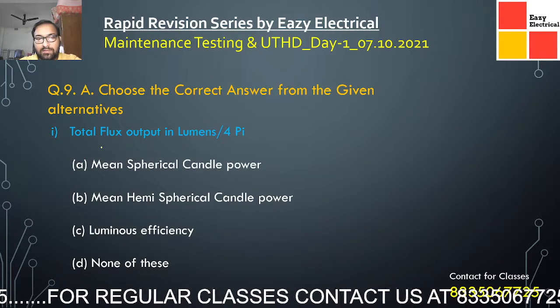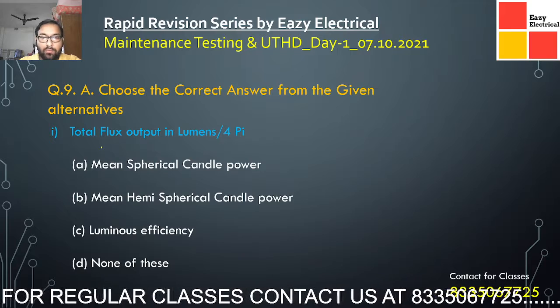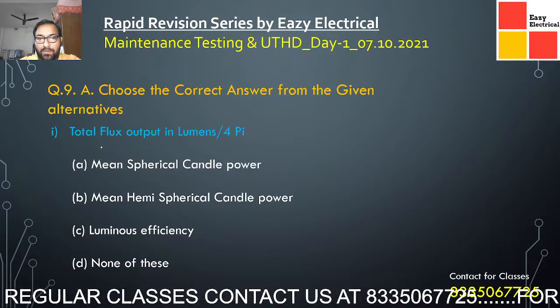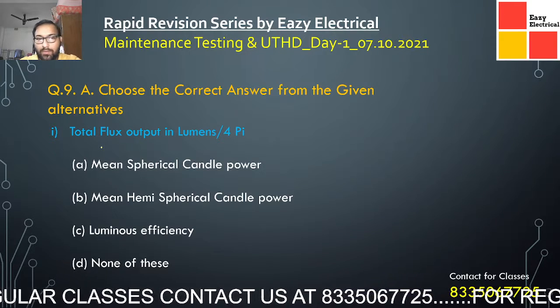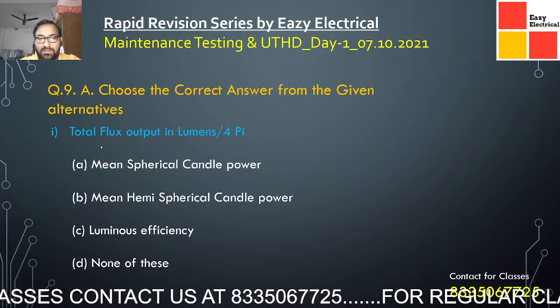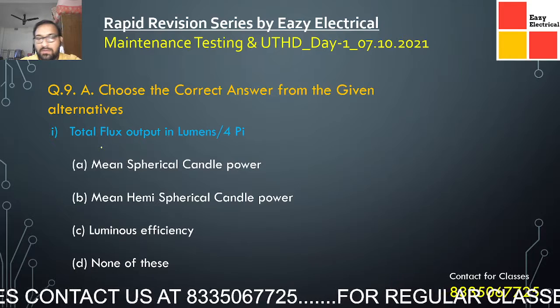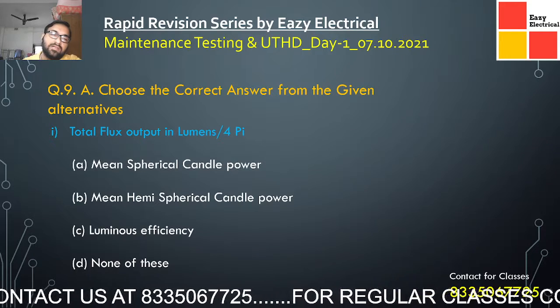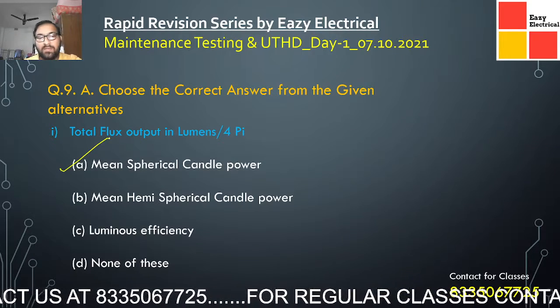Now the total flux output in lumens divided by 4 pi, what do we call it? Mean spherical candle power, luminous efficiency, or hemispherical candle power? This is basically your mean spherical candle power.